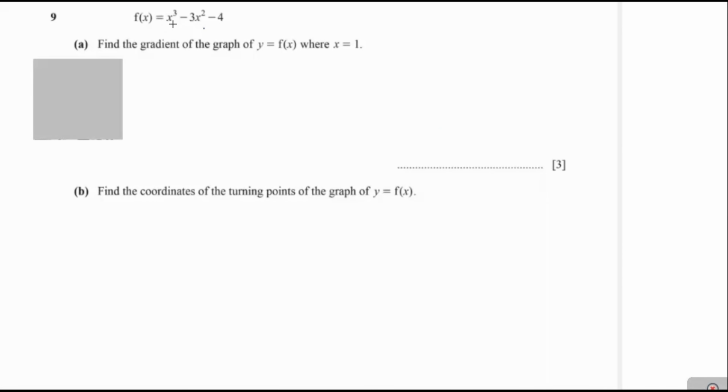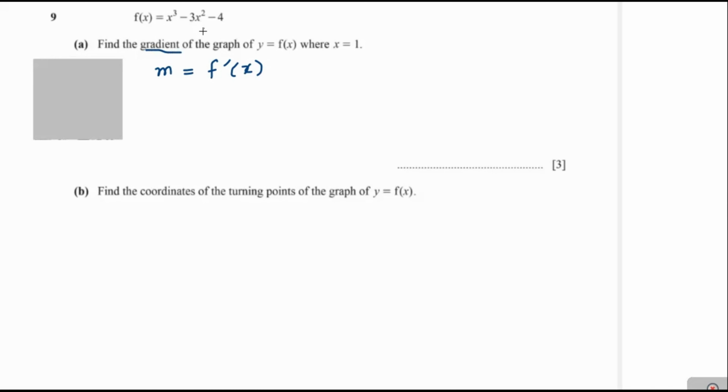Question 9, f of x equal to x cube minus 3x square minus 4. Part A, find the gradient of the graph y equal to f of x where x equal to 1. Now the gradient of the graph, m, will be equal to f dash of x. This is the gradient of the graph.